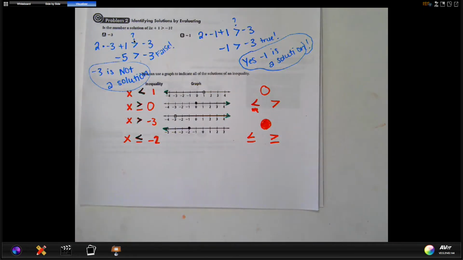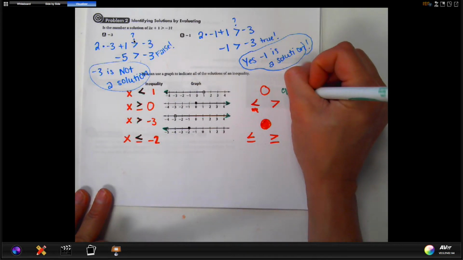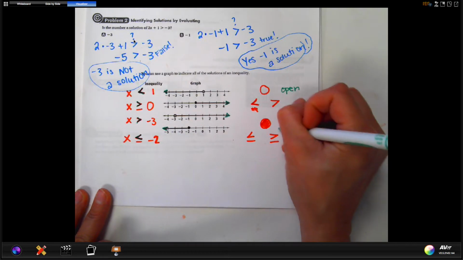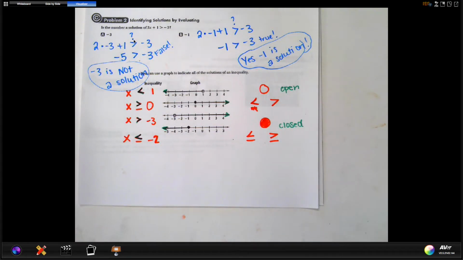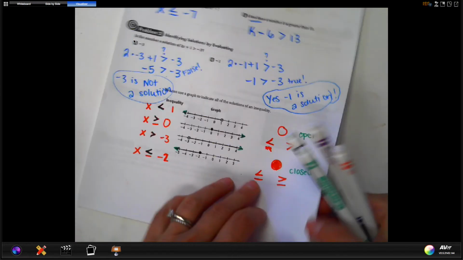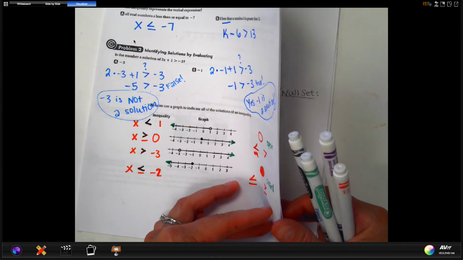And then you just have to know open and closed circle. So I'm going to write that in here, open and closed, just because those are the terms. Questions so far? The introduction to inequalities is not too bad, pretty self-explanatory once you have the rules. All right, so turn the page.